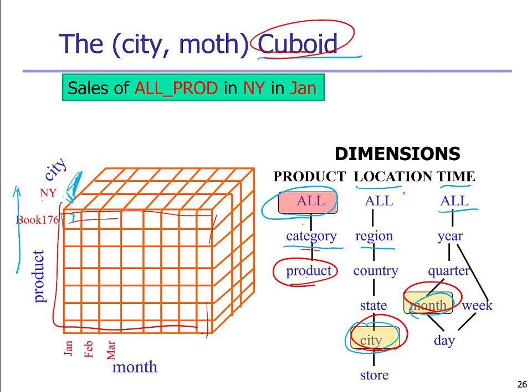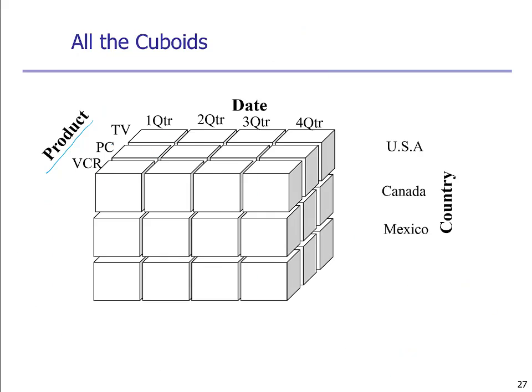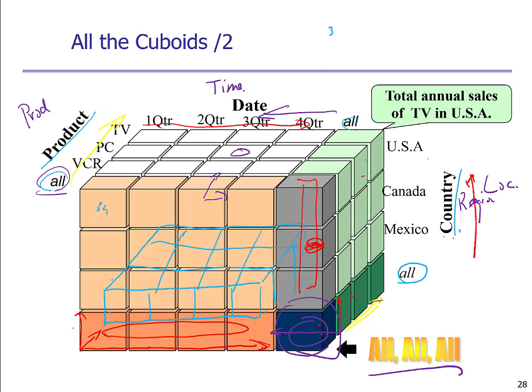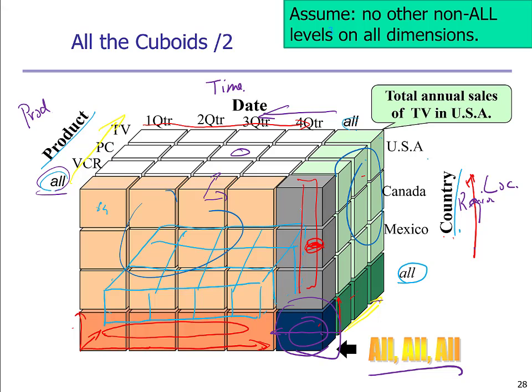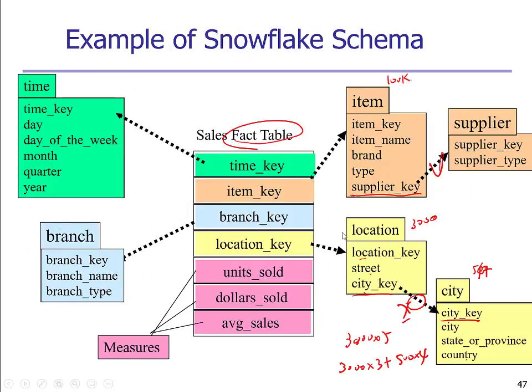For the cuboids, we extend on different dimensions. We start from a 3D cuboid, and we generate the 2D cuboids, and 1D cuboids, and even the 0D cuboid. So this is essentially what we want.